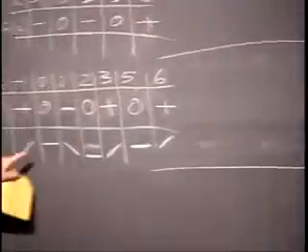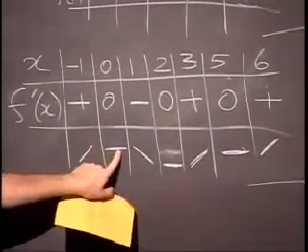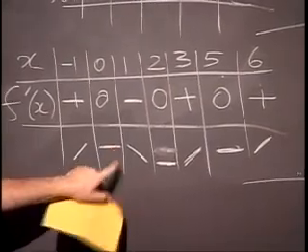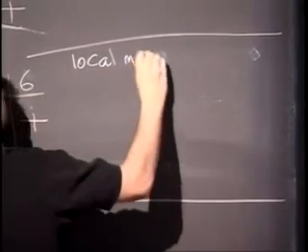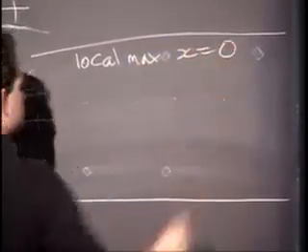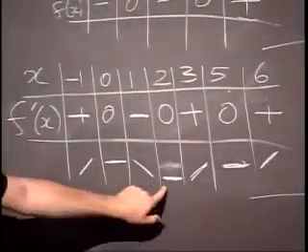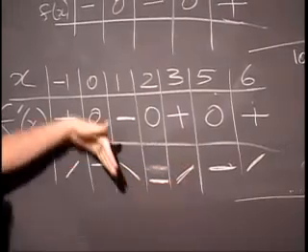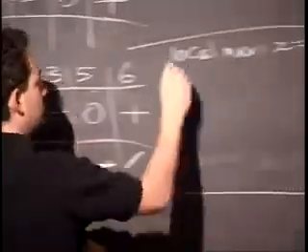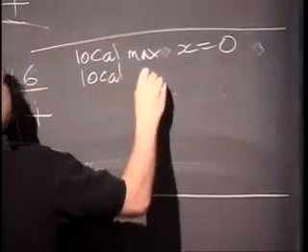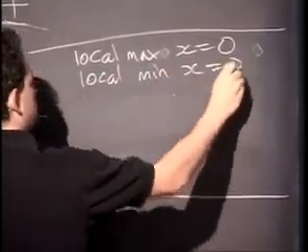We have a local maximum at x equals 0. Whereas at x equals 2, we have a local minimum. The curve's going down, that's the bottom, and then up. So local min at x equals 2.